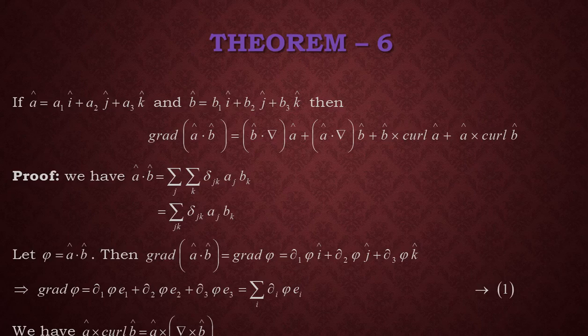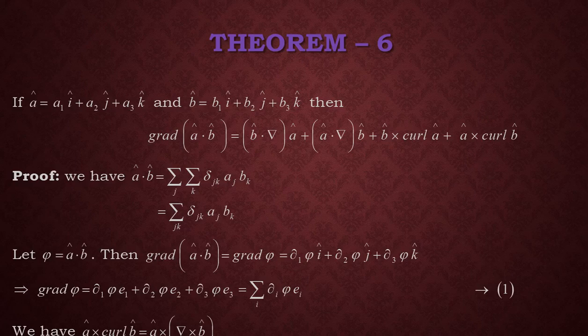We find each term separately and then by adding those 4 terms we find the RHS and then we show that it is equal to the LHS. So let's find each of those 4 terms on the RHS separately.